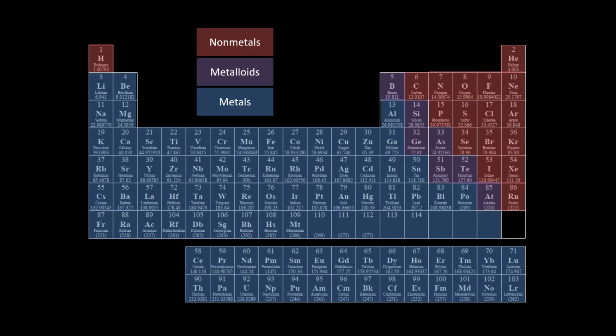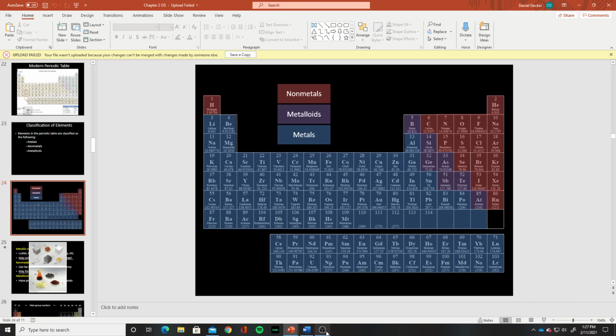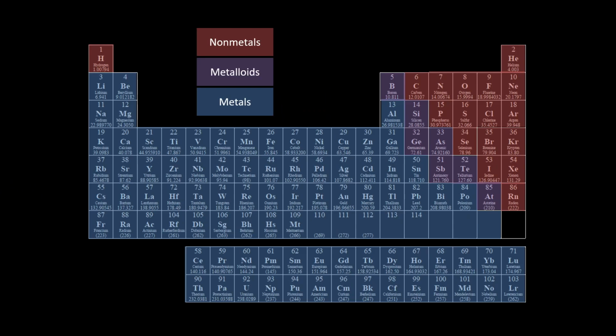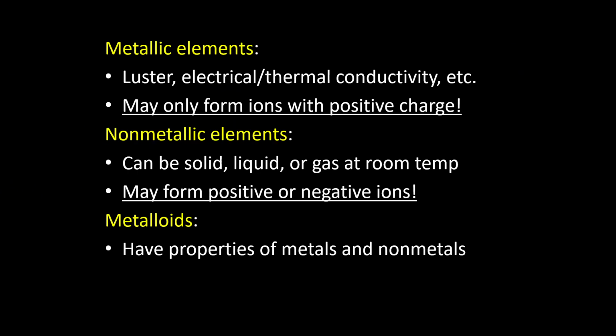I expect you to know the different regions of the periodic table in terms of metals, nonmetals, and metalloids in the middle there. As far as the general properties of metals versus nonmetals versus metalloids, I'm not going to test you over those.